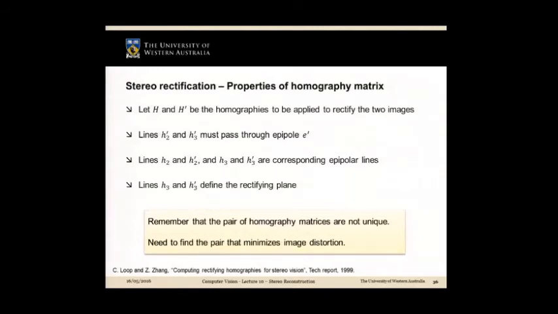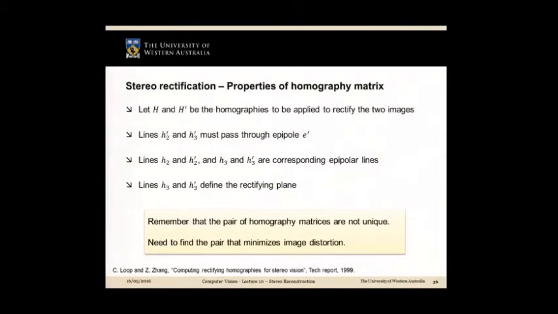And lines H2 dash and H3 dash must pass through epipole E dash. Lines H2 and H2 dash, and H3 and H3 dash are corresponding epipolar lines, and lines H3 and H3 dash define the rectifying plane. So in this particular case, the lines H3 and H3 dash from two different camera planes will define the rectifying plane.